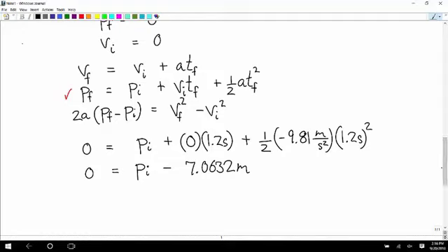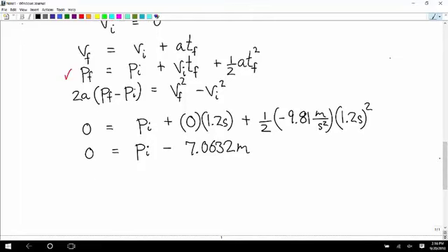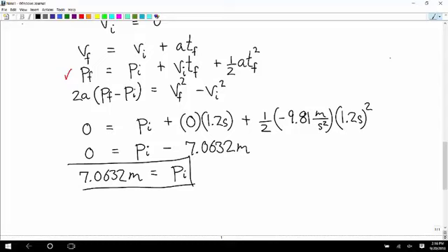Good job with the just random significant figures. You know, I like that in this class because it makes the chemistry people so frustrated. And so now move this over to the other side, and you have that 7.0632 meters is equal to the initial position. So the bridge is just over 7 meters high.